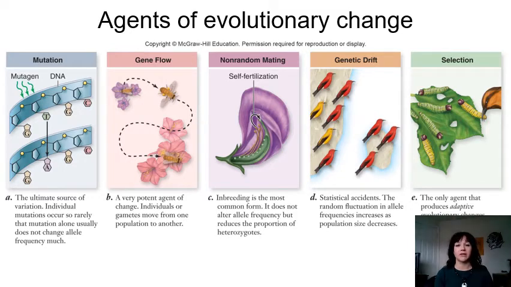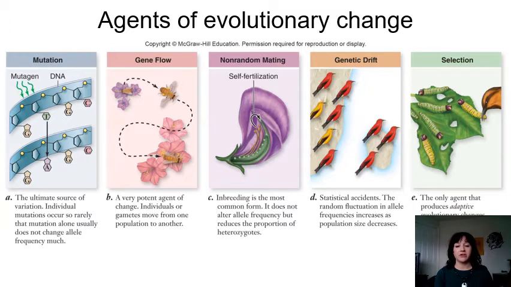Next, non-random mating. So there is some trait that maybe is preferable, and any individuals with that trait are getting to mate more often than others. That's non-random. Another example is self-fertilization, and this happens in plants, right, where the pollen from a plant fertilizes its own stigma. Next, we can have genetic drift.